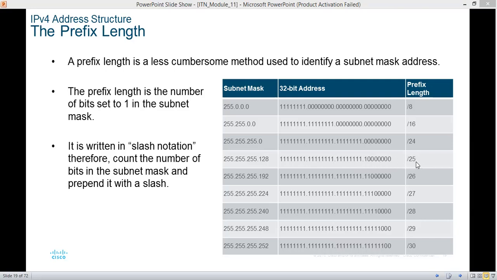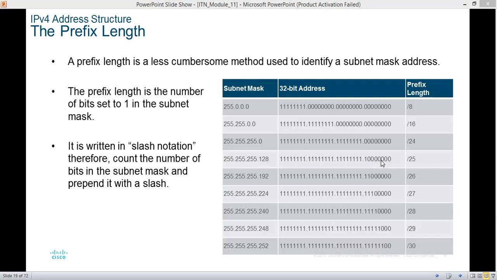And on a /25 network, if I ask you, for instance, how many host devices can be connected on /25? What you do is you count these zeros: 1, 2, 3, 4, 5, 6, 7. You say 2 to the power of 7 minus 2.